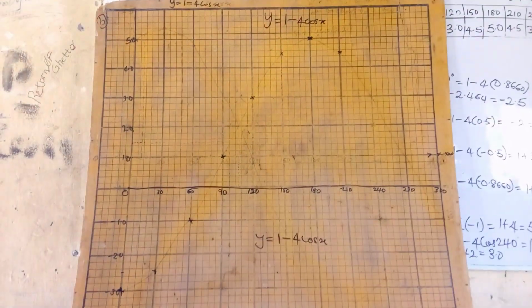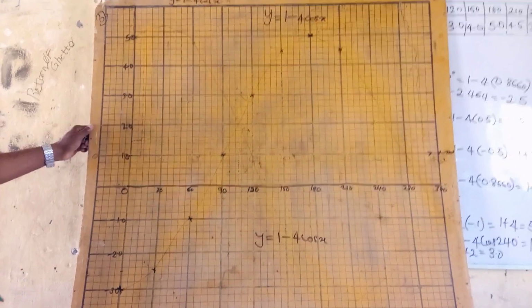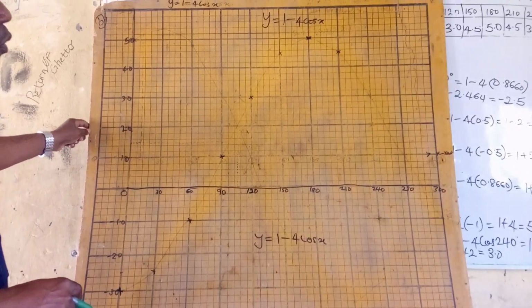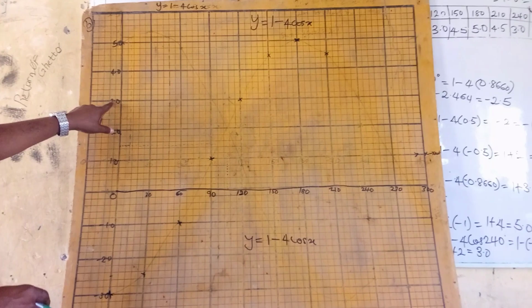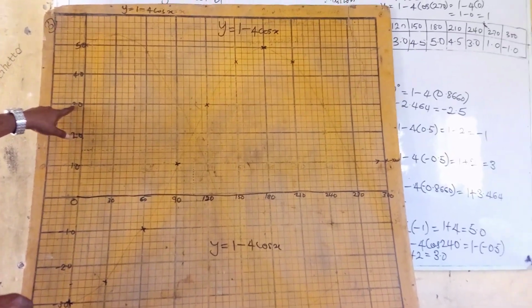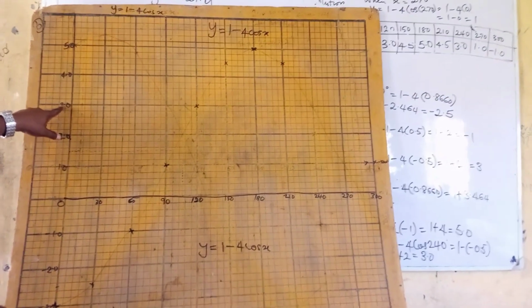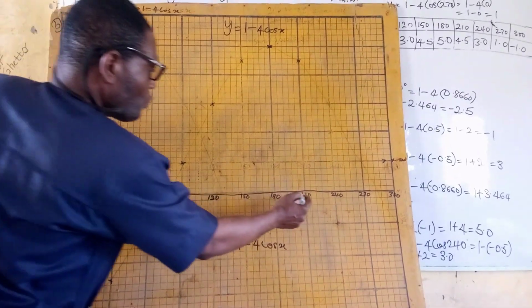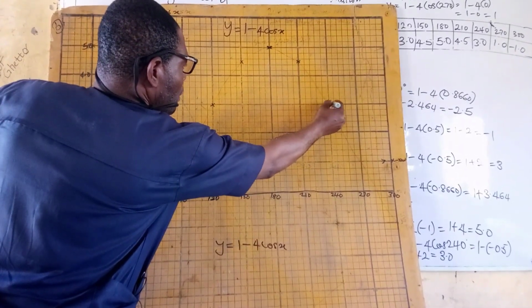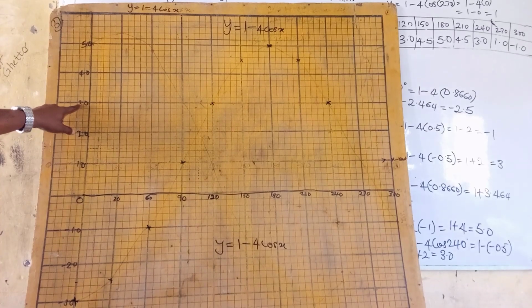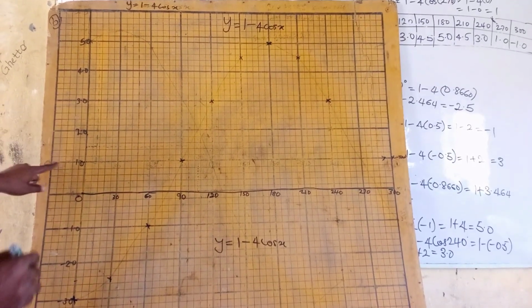Here, when s is equal to 270, we have it to be 1.0. Or when s is equal to 240, rather, we have 3.0. Now, when s is equal to 270, we have 1, and this is 1.